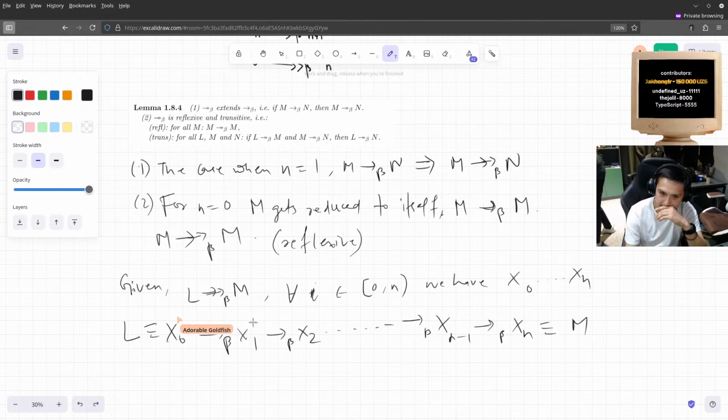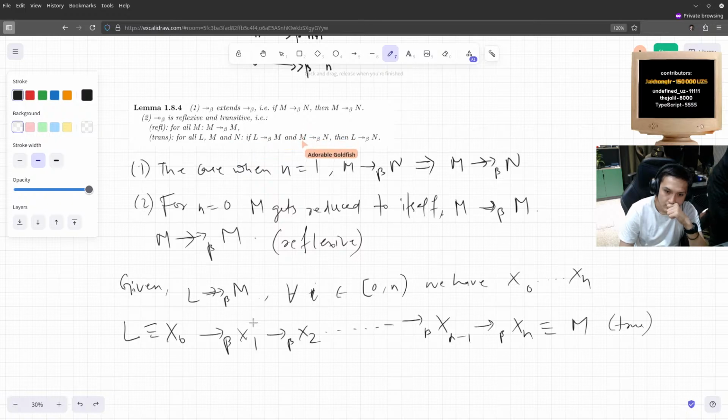Now we know this is true. Next we see what else we are given in the statement: M also has a beta reduction relation to N. So we write that down as well.